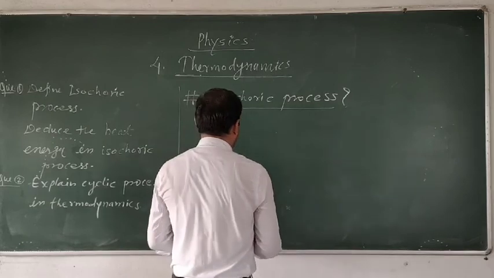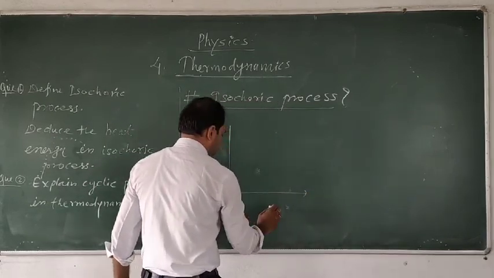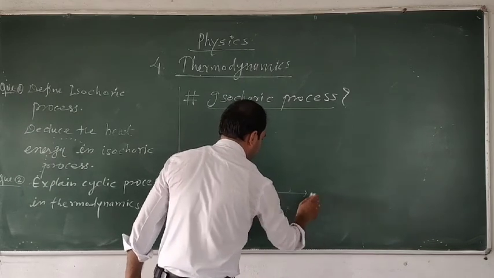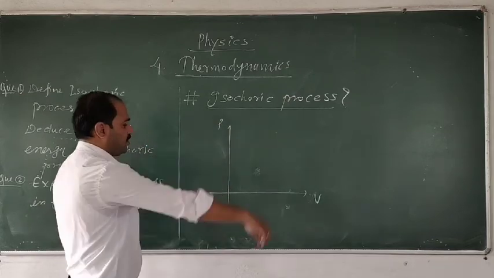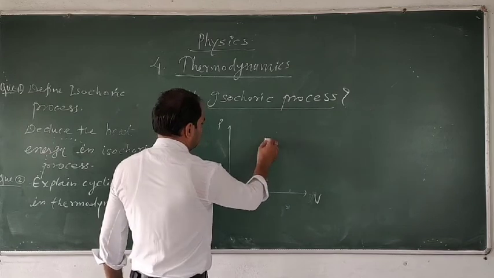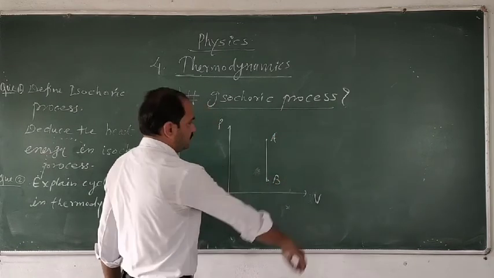On the x-axis you take the volume V, and on the y-axis the pressure P. The process starts from its initial point A and goes to the final point B.